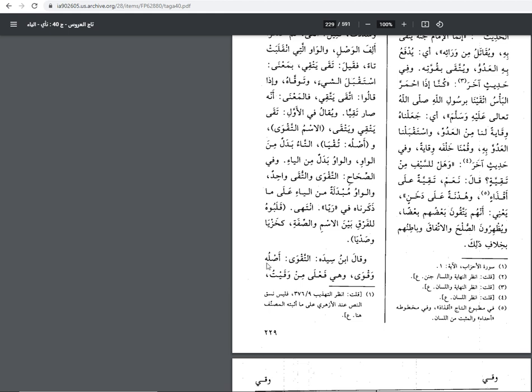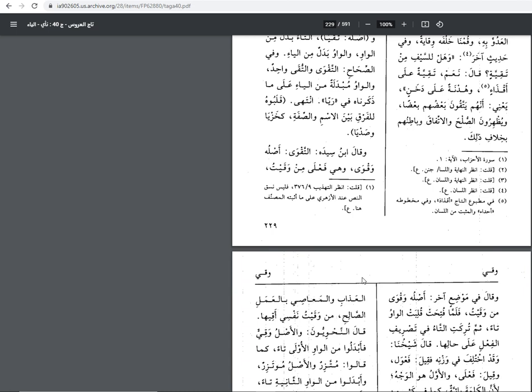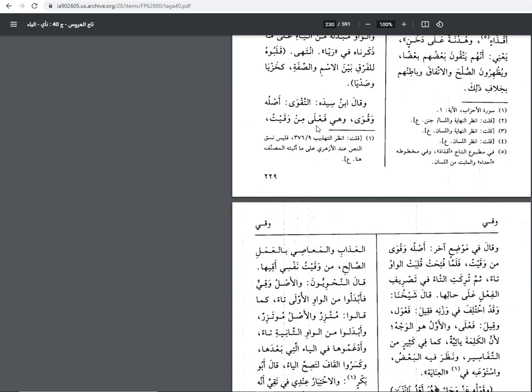He says التقوى أصله وقوى وهي فعلة, it's on the scale فعلة من وقيت. So here we had al-Zabīdī saying that the original form was tuqya. Ibn Sida is telling us that at-taqwa, its original form was waqwa, on the scale of fa'la.